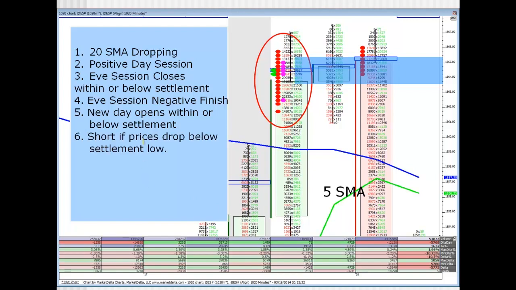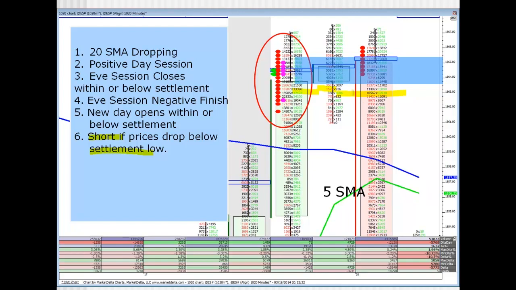And the trade is we would go short if and when prices drop below the settlement low. So here's the low of my settlement period right here. The level is at about, let's say, 1863 and a half.